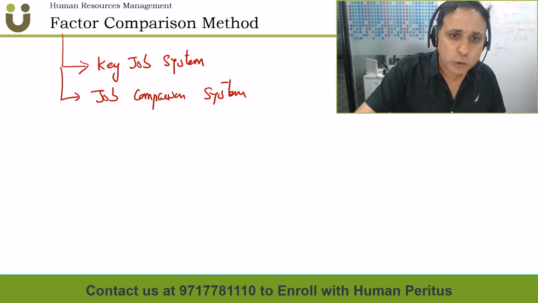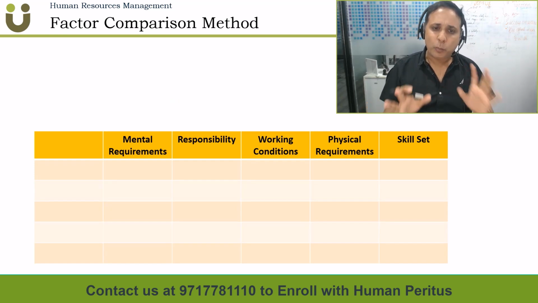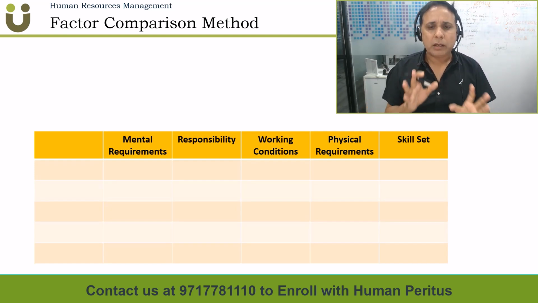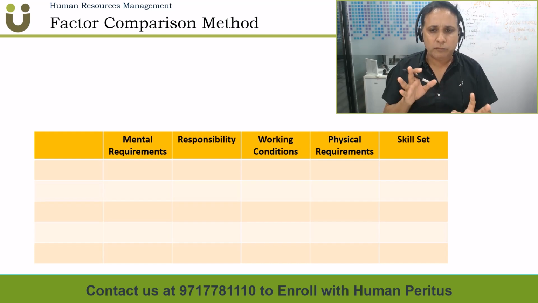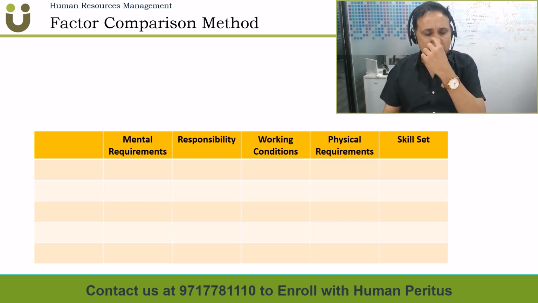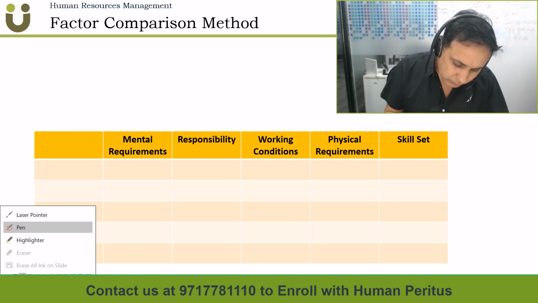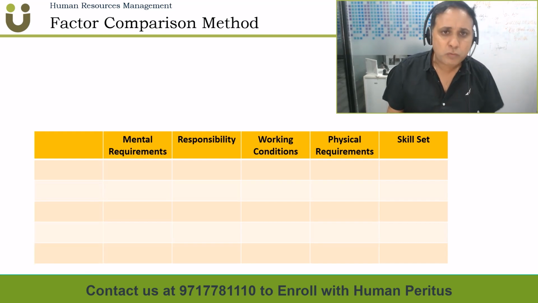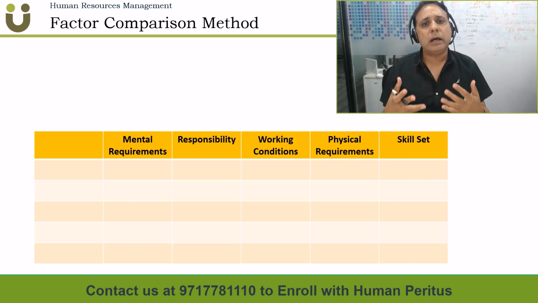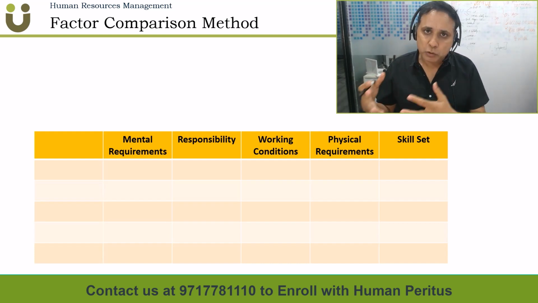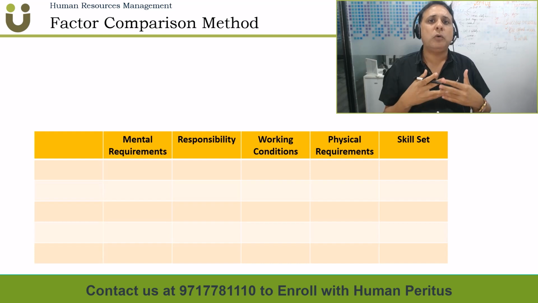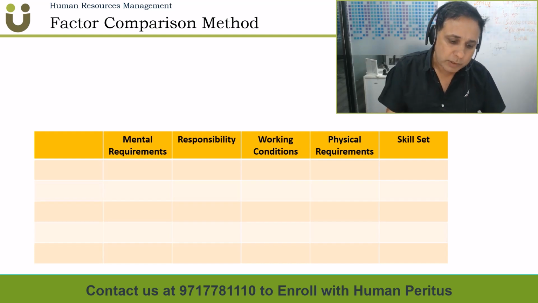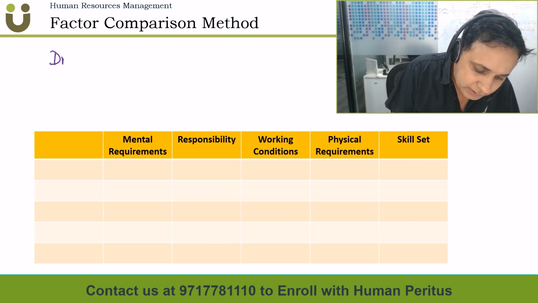So let me now show you the process. It's a slightly complicated one, but we'll be able to figure out how this all goes. Okay. So suppose I want to find the worth of a new job, and let us suppose that new job is maybe a data scientist.